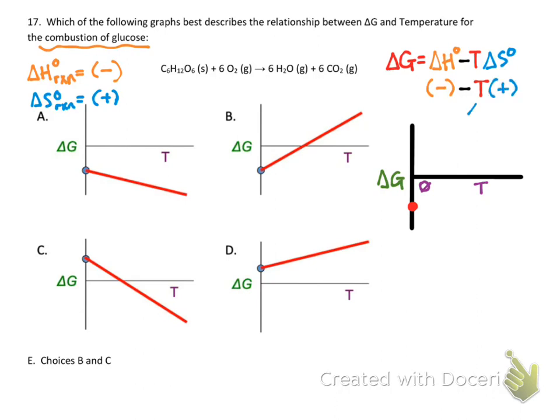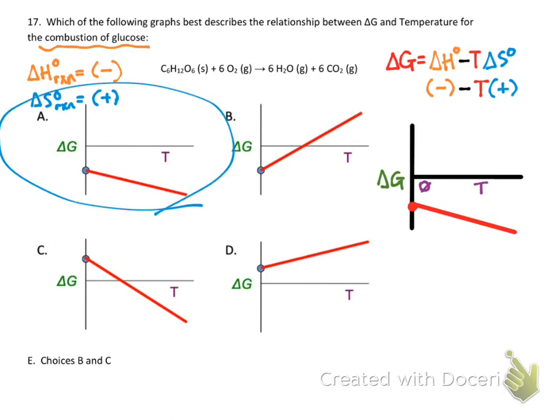So what happens as T gets larger and larger? This whole term becomes more and more positive. If we're subtracting an increasingly more positive term, what's going to happen to our value? It's going to get more and more negative. So as temperature increases, this value is going to go down. So the answer that matches this particular graph is choice A.